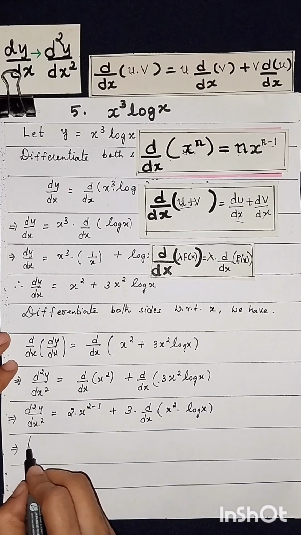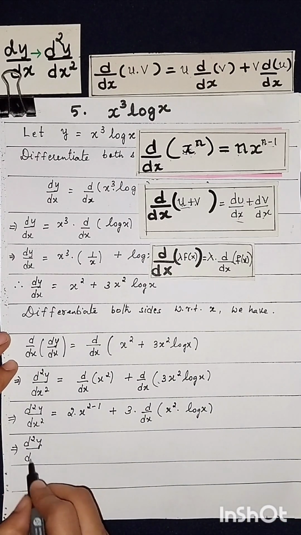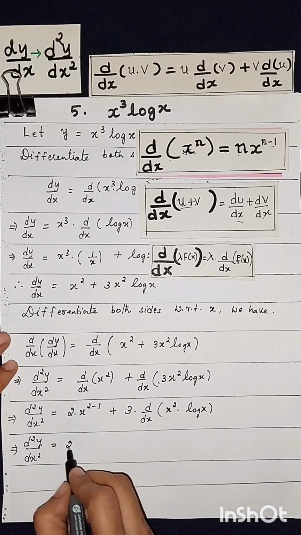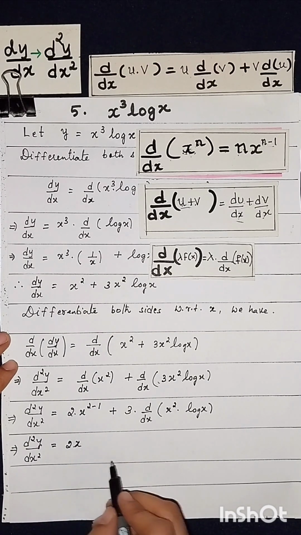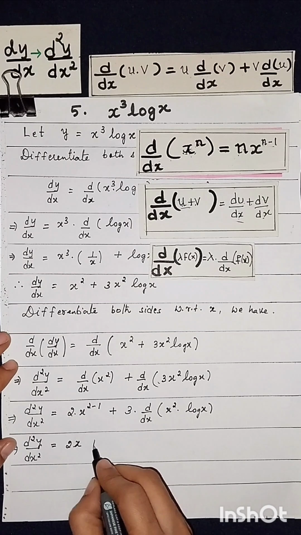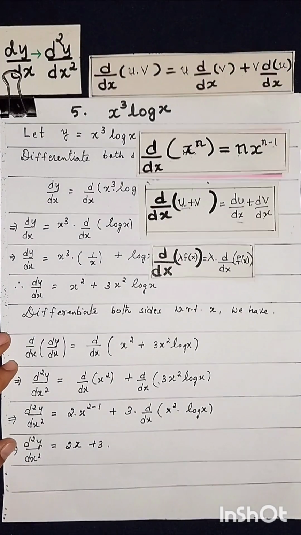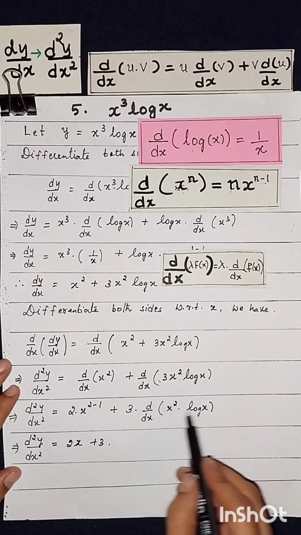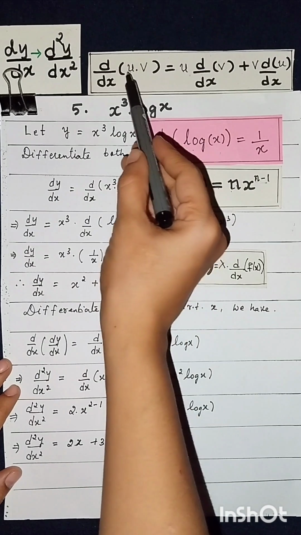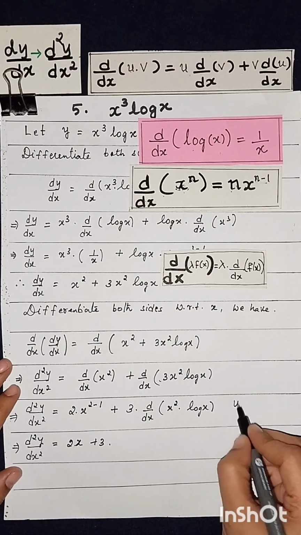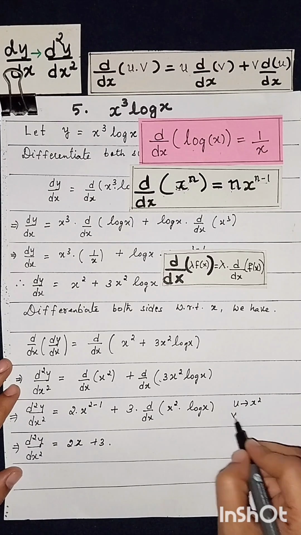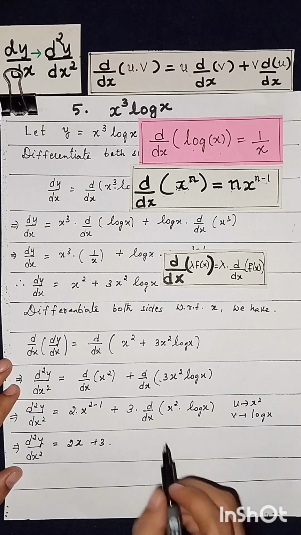Now this implies d square y by dx square is equal to 2 into x to the power 2 minus 1 is x to the power 1, which is x, plus 3 into, now derivative of x square into log x, we will apply uv rule. So this is u and this is v. So here u is x square and v is log x.